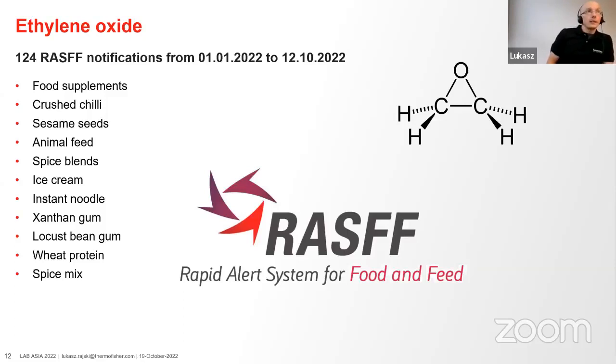And in this year, 2020, in the European Union, we have had 124 notifications, 124 alerts related to ethylene oxide. You can see the list of the matrices where ethylene oxide was detected only by the official laboratories. Again, the list is very long, with some spices, seeds, even food supplements and ice creams.